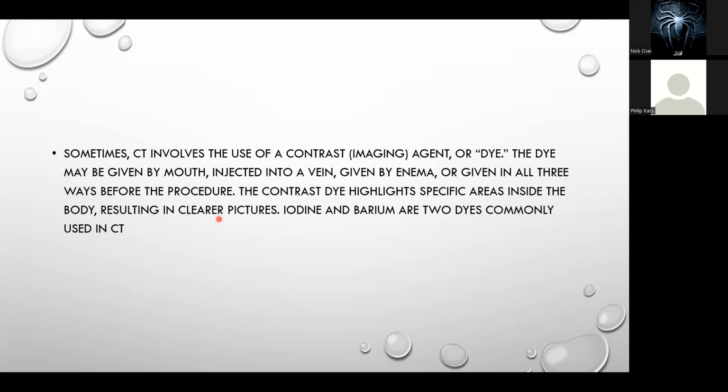Also, if you suspect someone has kidney stones or ureteric colic, you'd want to give the contrast IV, and then the kidneys will excrete it, and from the calyces downwards the dye will delimit the tract, and you can see your stones well.